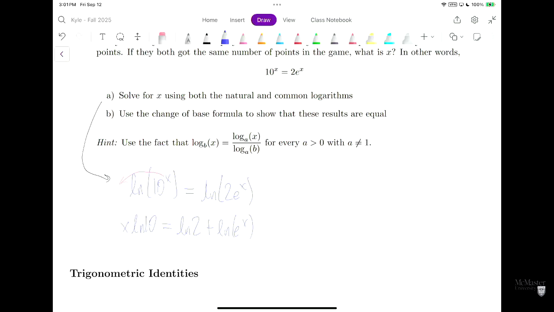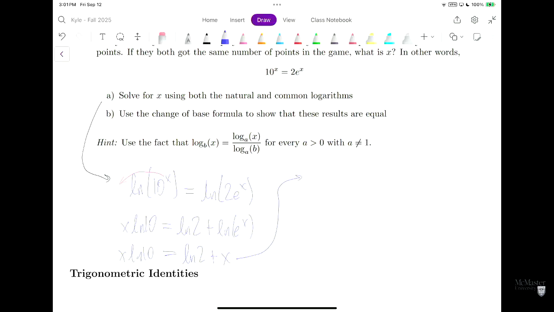Now, if we simplify the right side a little more, remember that a logarithm is the inverse of an exponential function, so they cancel. The ln of e to the x is just equal to x. So we have x ln of 10 is equal to ln of 2 plus x.